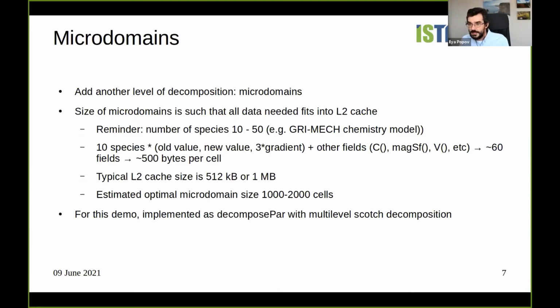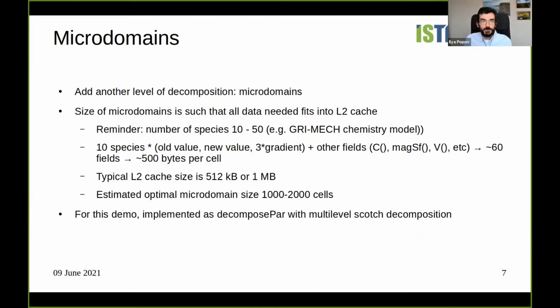The size of microdomains shall be chosen such that all the data needed fits into L2 cache. For the case of 10 species, that means we will need about 500 bytes per cell, and to fit into a typical L2 cache, the size of a microdomain should be about 1,000 to 2,000 cells.